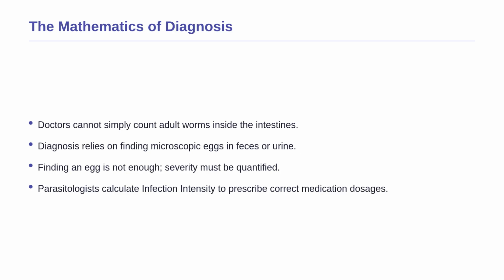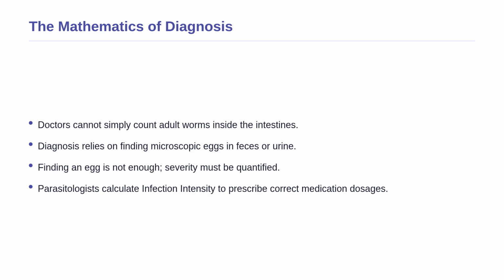Knowing the severe impact of these diseases, how do we actually detect them in a patient? When a doctor suspects a flatworm infection, they cannot simply look inside the intestines to count the worms. Instead, they must search for microscopic eggs that the adult worms shed into the patient's feces or urine.